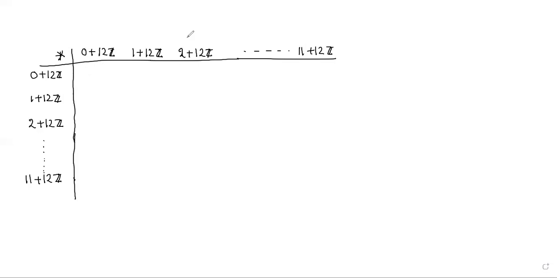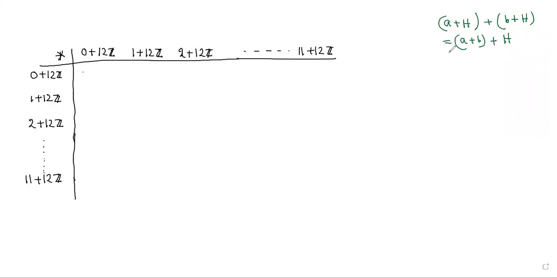Now, the composition is very simple. You have to remember that (a + H) * (b + H) gives you (a + b) + H. With the help of this composition, I can write it as 0 + 12Z with 0 + 12Z. Here the star will not be there, because the composition is like this.